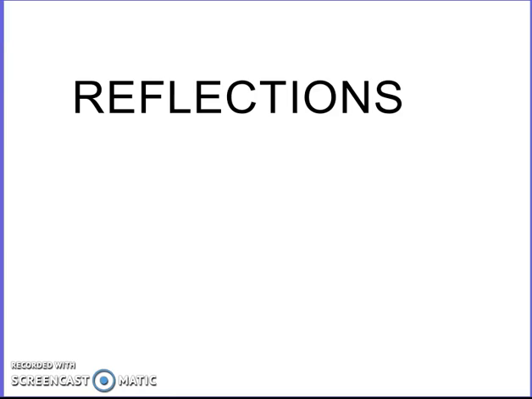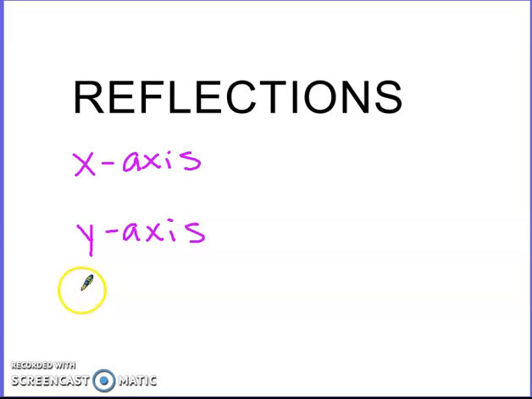Now, when we talk about reflections, the big thing we need to keep in mind: you can reflect across the x-axis, you can reflect across the y-axis, or you can reflect across a line where x is equal to a number or y equals a number.